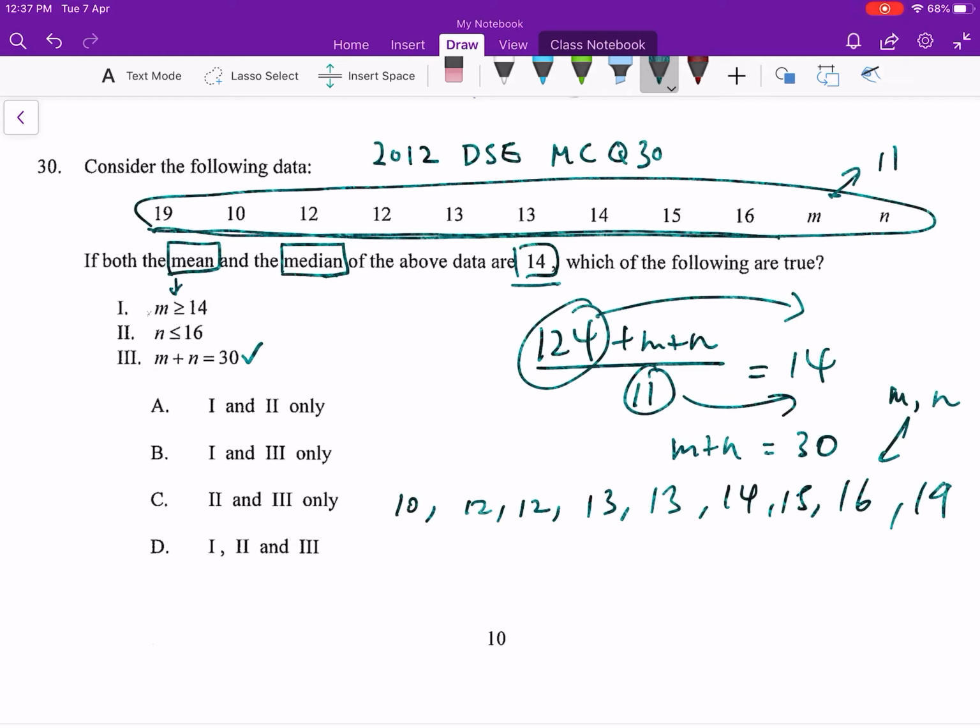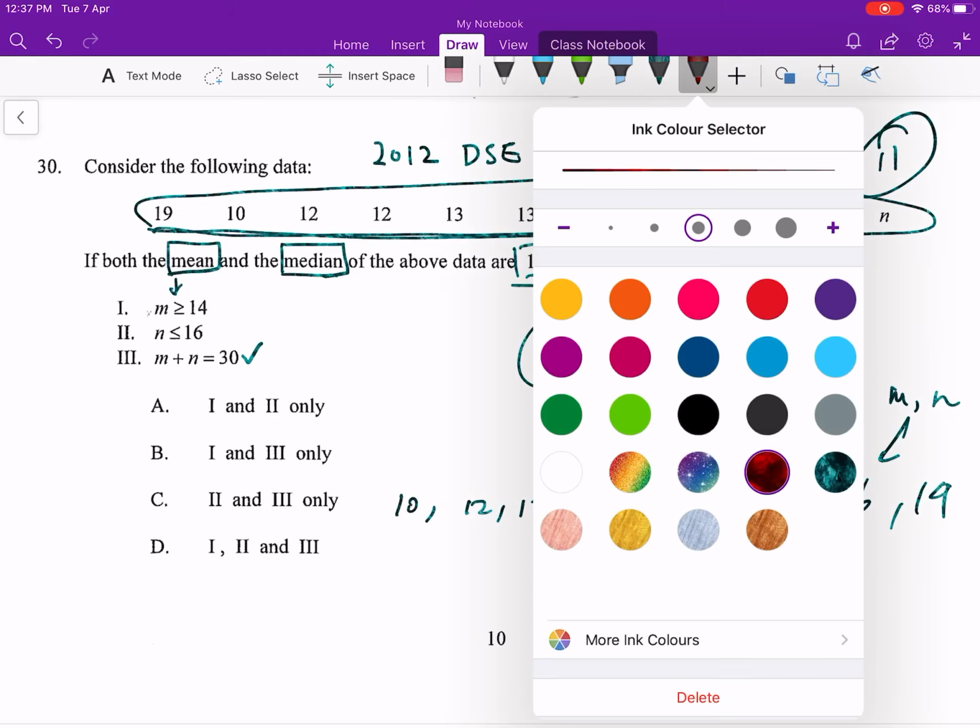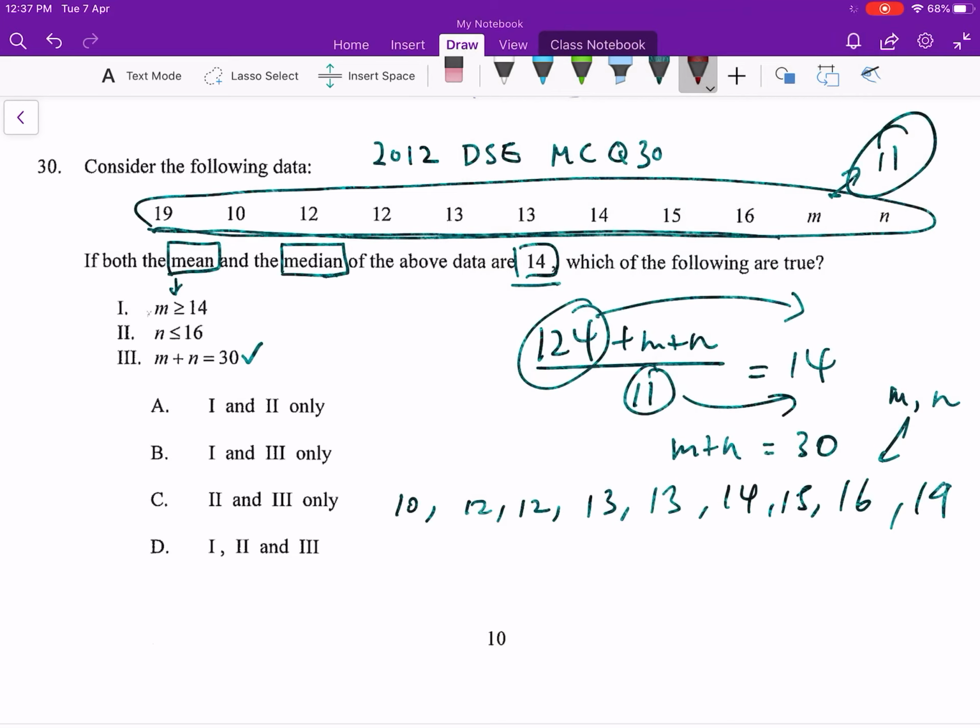What I use is the so-called tree method. Since we have 11 numbers, what I'm going to do is separate 11 into two groups, with the same number in each. But 11 is an odd number, so it cannot be separated into two equal groups.